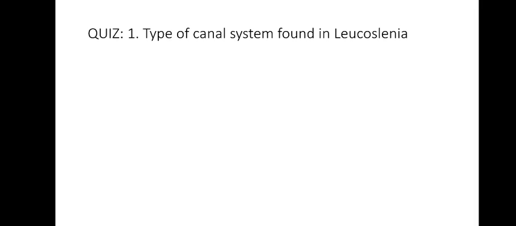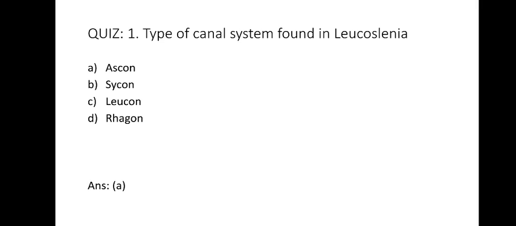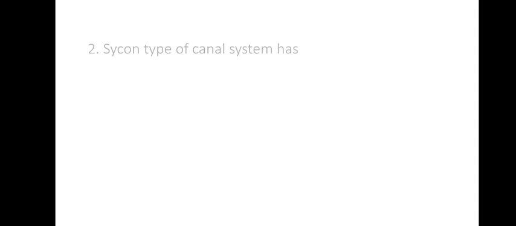Let's check how much you have understood. Your first question: type of canal system found in Leucosolenia. Ascon type, Sycon type, Leucon type or Rhagon type? The answer is Ascon type, the simplest form of canal system.